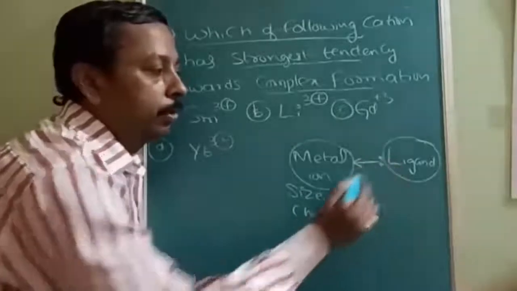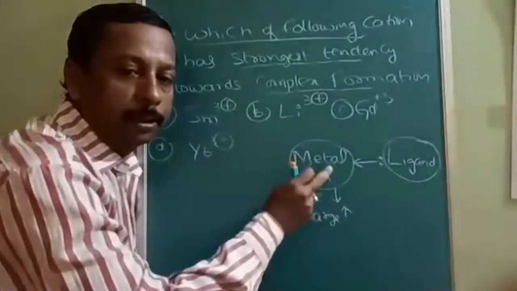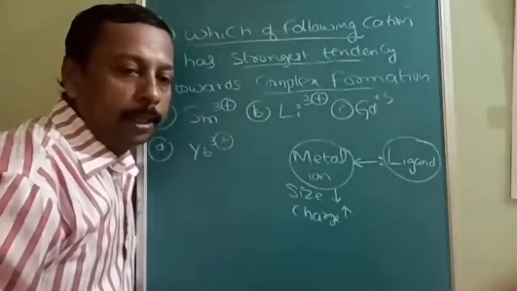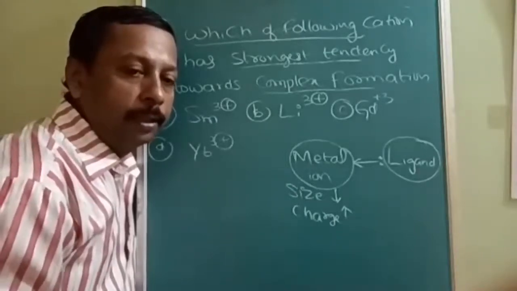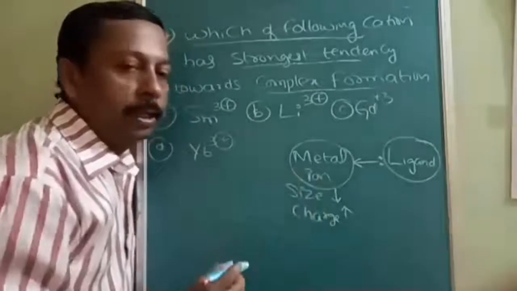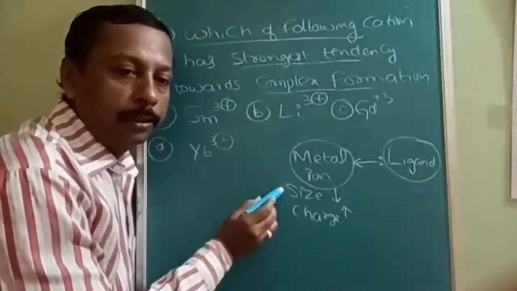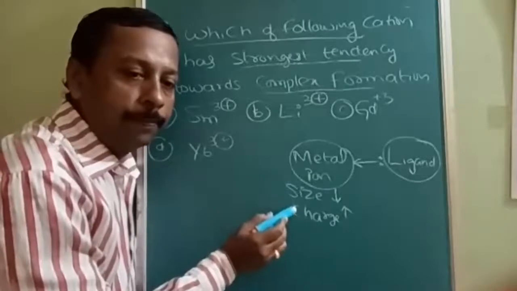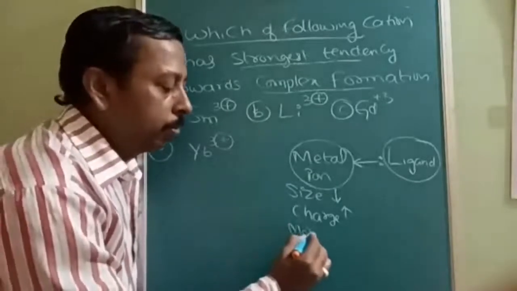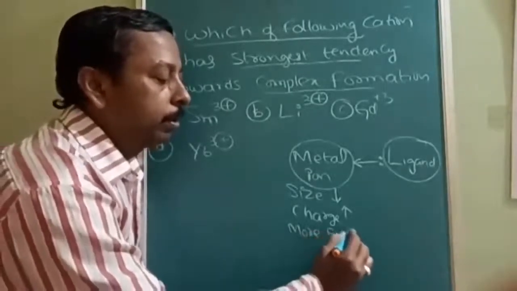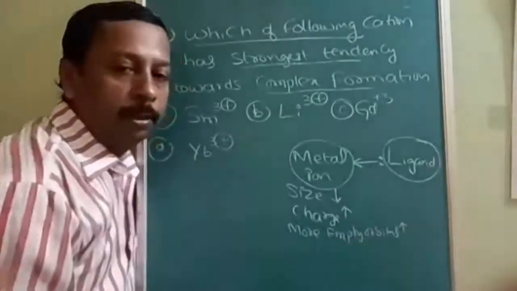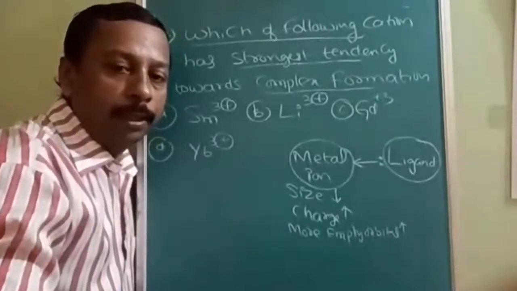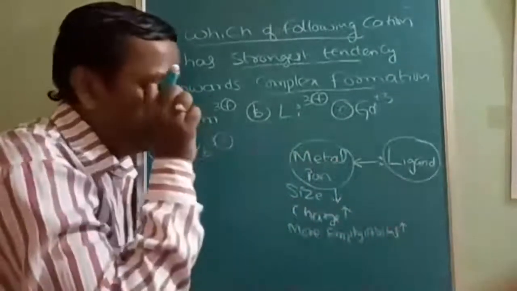The metal ion accepts the lone pair from the ligand, and the donating tendency depends upon the ligand, while the accepting tendency depends upon the metal ion. So it will be more able to accept the lone pair when it is smaller in size, higher in charge, and has more empty orbitals, so that it can accommodate the accepted electron.